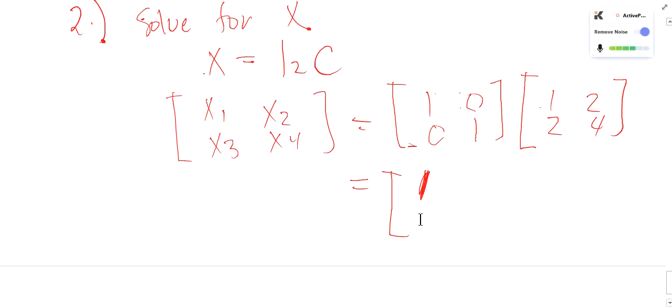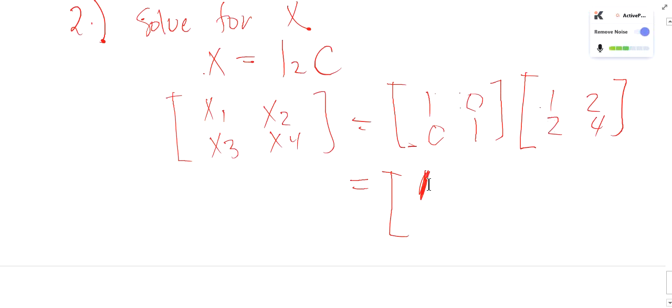That is the element of column 1. And then yung row 1 times column 2, yan yung element ng row 1 of column 2, and row 2 times column 2, that is the element of our row 2 column 2. So 1 times 1 plus 0 times 2, that is 1.